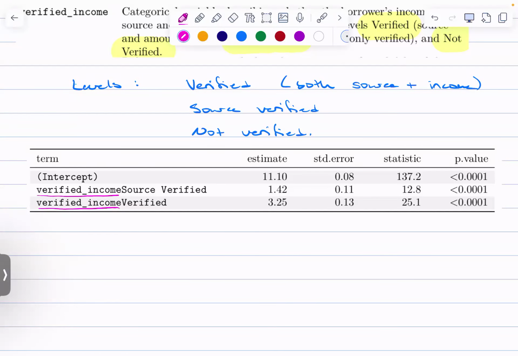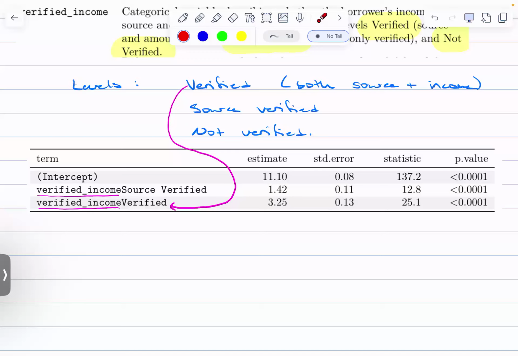If I map these, I did these in a weird way, didn't I? So the verified level, right? You can turn it on or you could turn it off. And so what we've done is each of these levels are considered indicators, right?